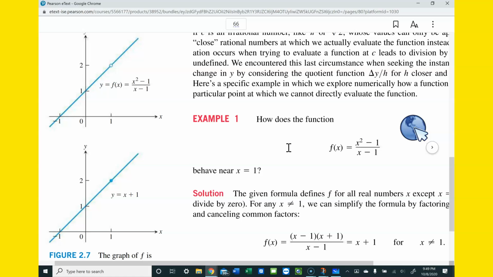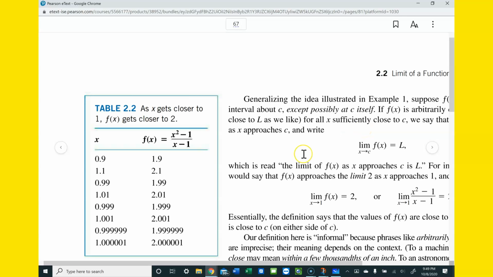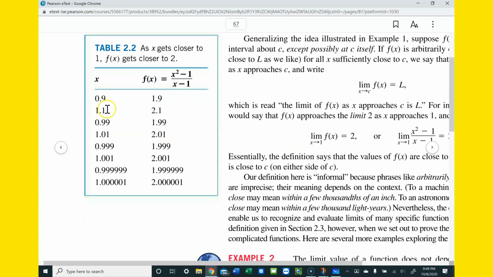So let's just see. If we look at this chart right here, you can kind of see that. If you plug in 0.9, then it's 1.9. If you plug in 1.1, then it's 2.1. If you plug in 0.99, it's 1.99.